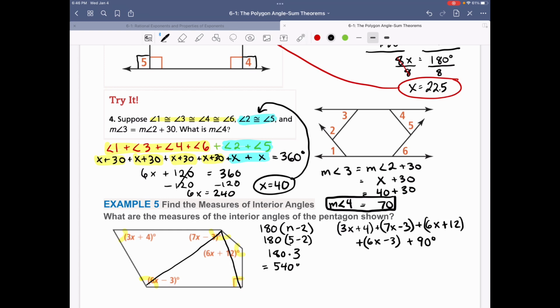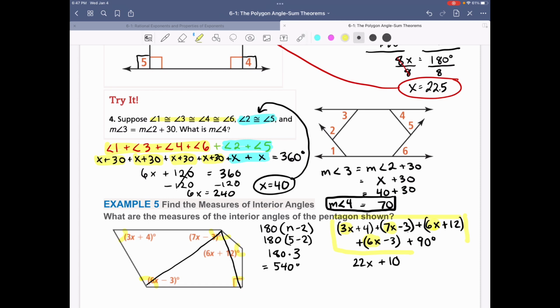But since I wrote all of that there, I want to simplify it. So to simplify it, we're going to collect like terms. I'm going to put all the x's together. 3 plus 7 is 10, plus 6 is 16, plus 6 is 22, so we have 22x. 4 minus 3 is 1. 1 plus 12 is 13. 13 minus 3 is 10.